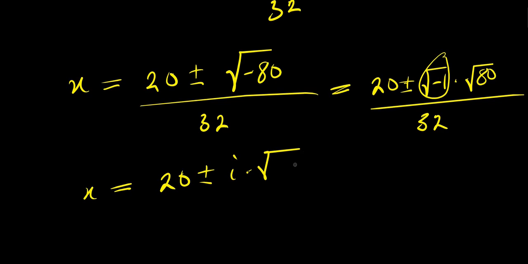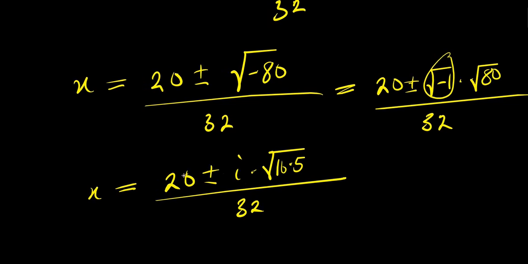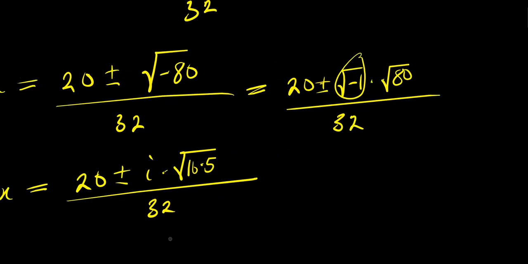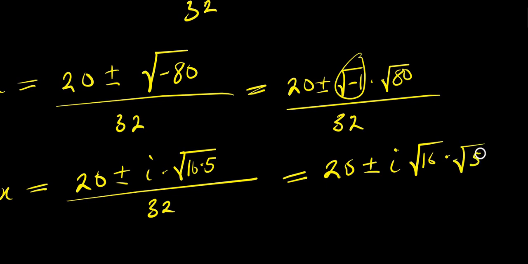Or 16 times 5. 16 times 5 will be better. Right, let's use 16 times 5 because I don't want to simplify further. I don't want to cut it off. So from here we have 20 plus or minus i times square root of 16 times square root of 5, divided by 32.